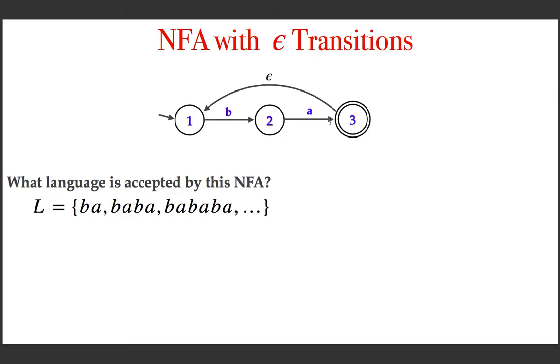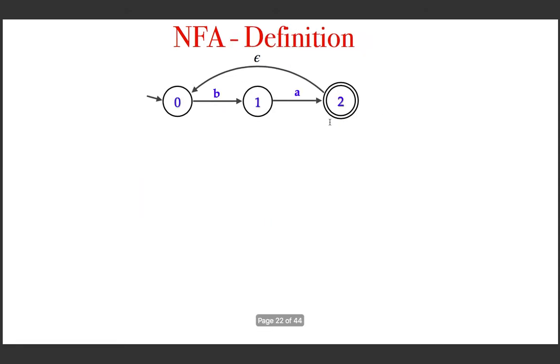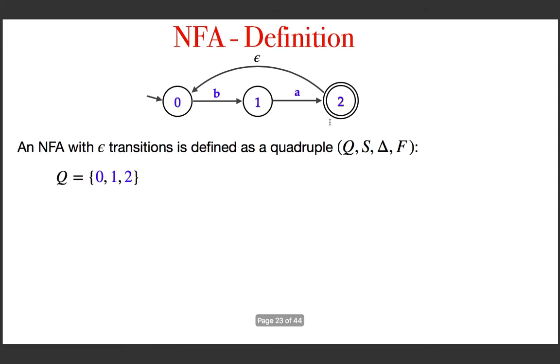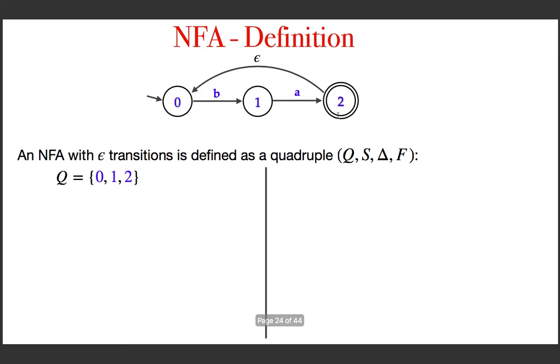Maybe we can use the same example to collect the components in the definition. An NFA with epsilon transitions is defined as a quadruple (Q, S, delta, F), where Q in this case is the set {0, 1, 2}, and formally it is defined as a finite set of states.